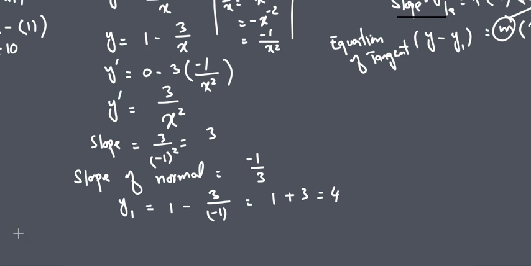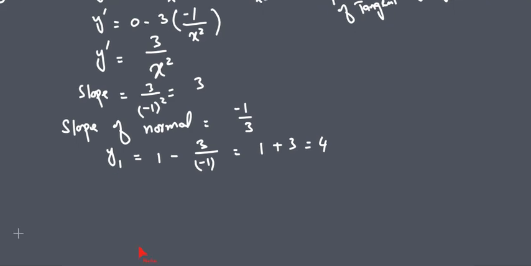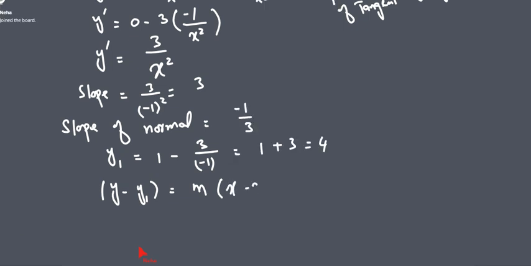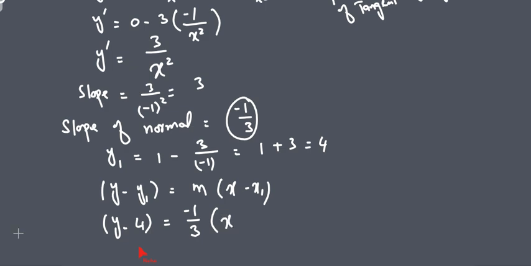Okay. So what is my equation? y minus y1 equals m times (x minus x1). So y1 is 4, and the value of m is negative 1 over 3, and the value of x1 is negative 1.